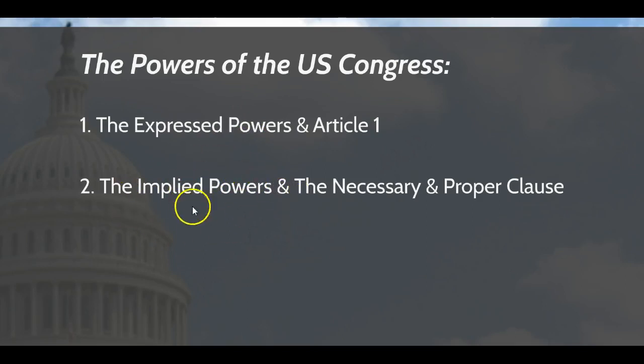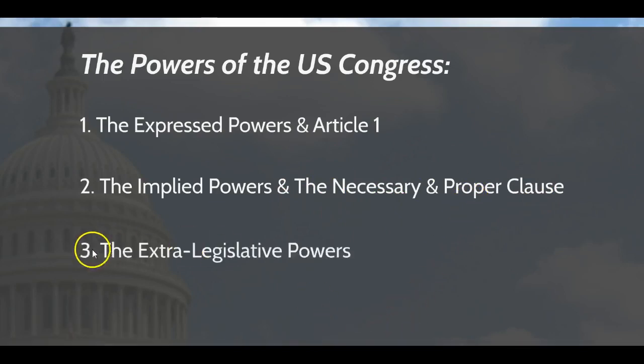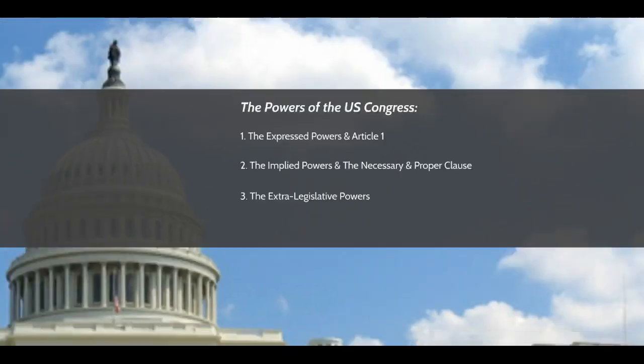And the implied powers, if you remember, if you imply something, you're kind of saying it without really saying it. And so the implied powers are called like the necessary and proper clause within the Constitution, and we'll look at that a little bit more. And then there are some extra legislative powers that Congress has, and we'll look at those.